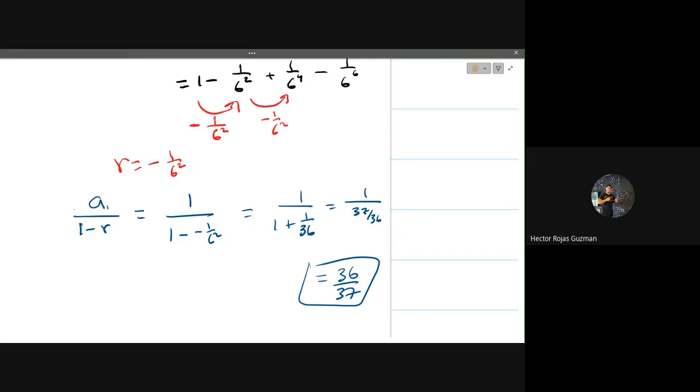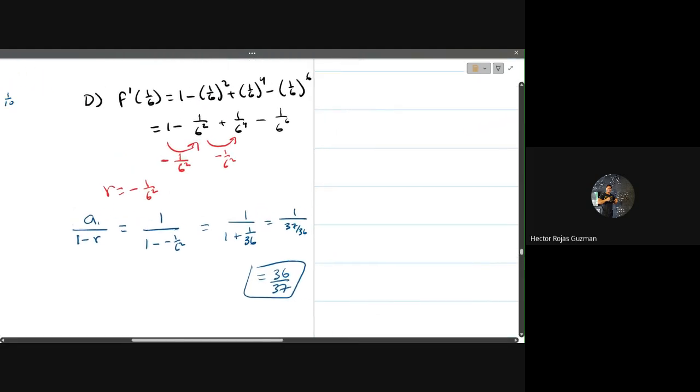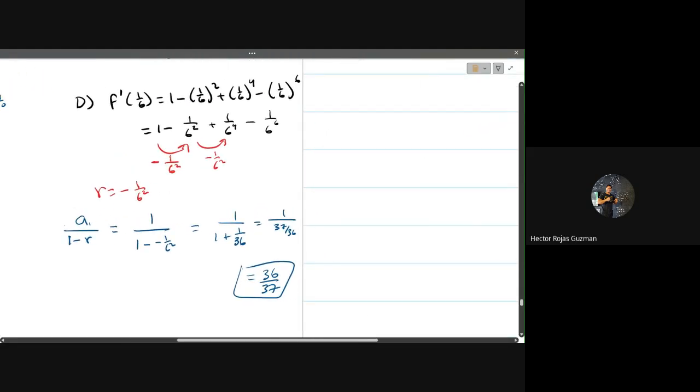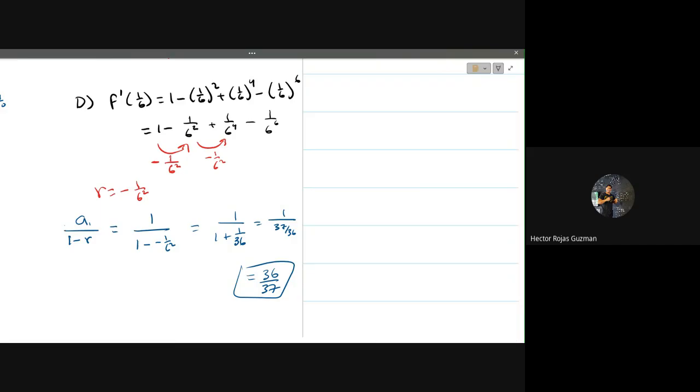So you wouldn't combine all four of these together to get f prime? We're not only combining the first four, we're combining infinitely many terms to get an exact 36 over 37. We just use the first four to figure out the common ratio.